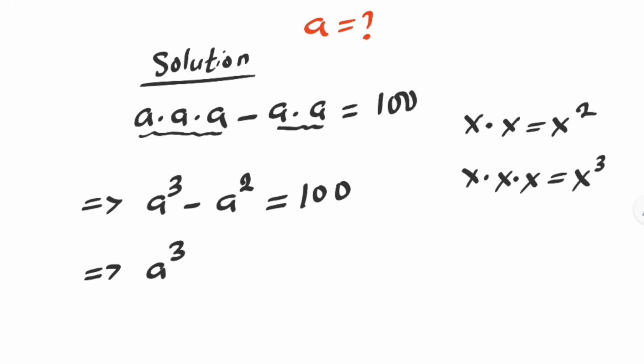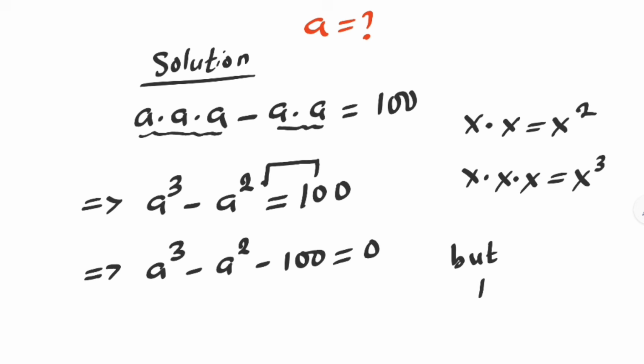a raised to power 3 minus a squared. Let us bring this 100 to this side. It becomes minus 100 is equal to 0. But 100 is equal to 125 minus 25.